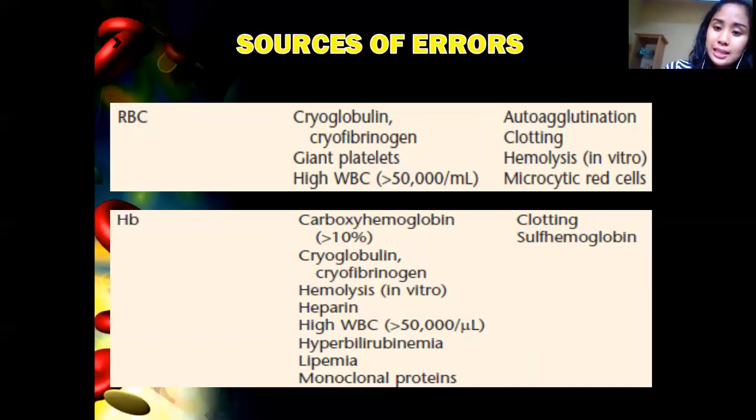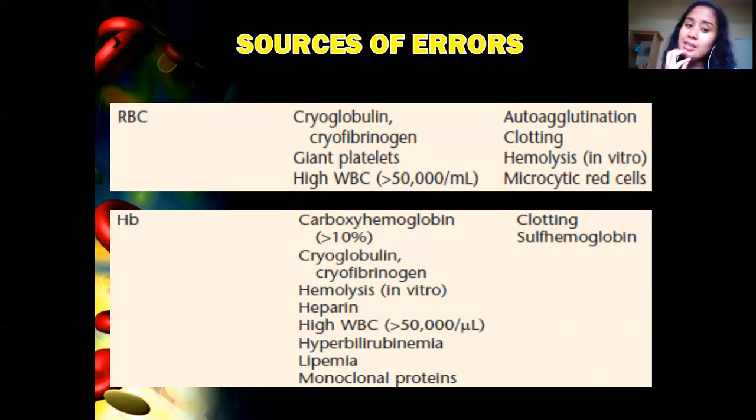Decrease hemolysis. Microcytic red blood cells, autoagglutination. Hemoglobin. What are the chances that it can increase? Carboxyhemoglobin. Ito, hemolysis. If you have autoimmune hemolytic anemia in vitro, high WBC count, class, can affect RBCs and hemoglobin.